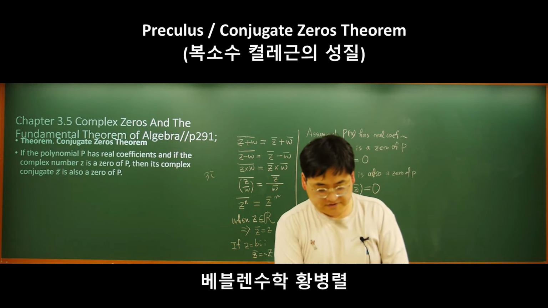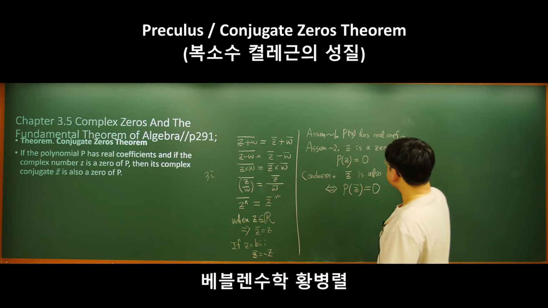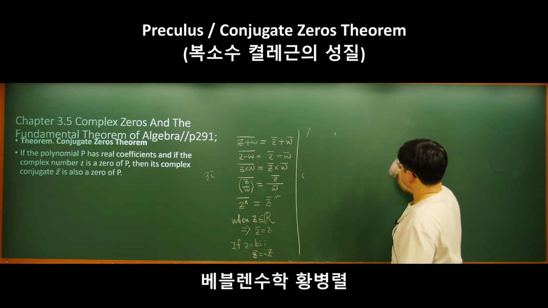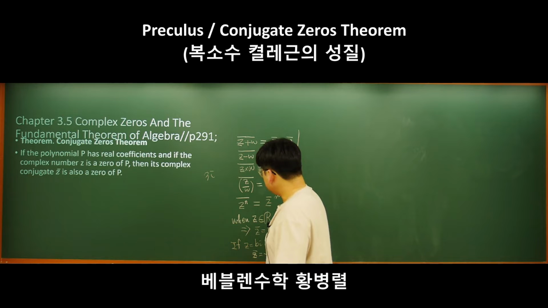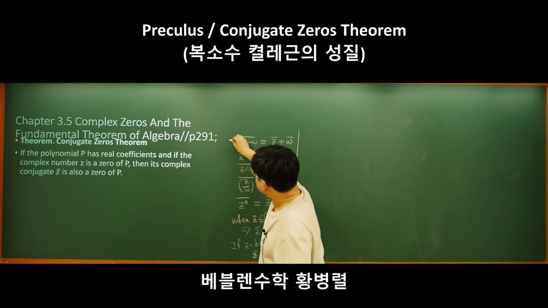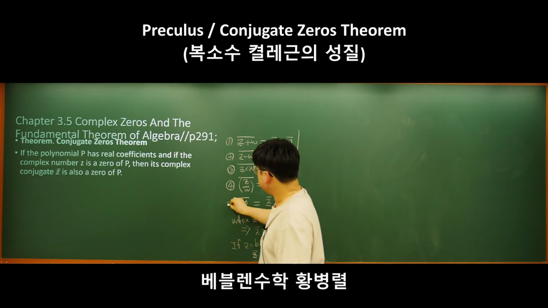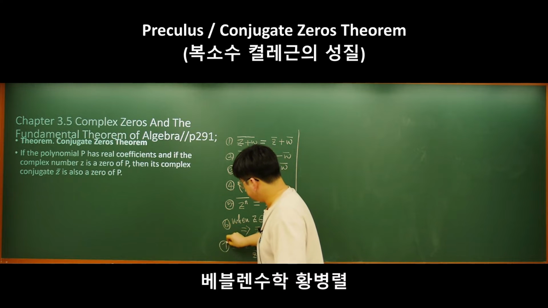Let's start to prove. And let's augment the index numbers. Lemma 1, lemma 2, lemma 3, lemma 4, lemma 5, and 6, 7.